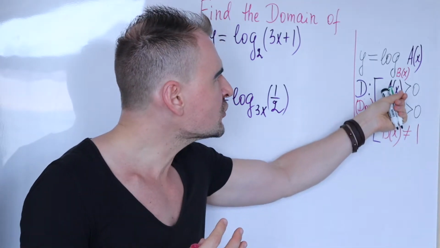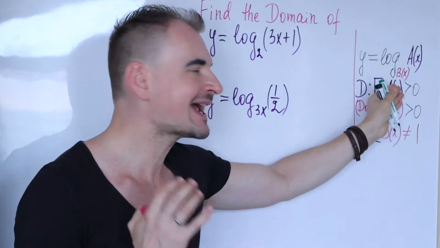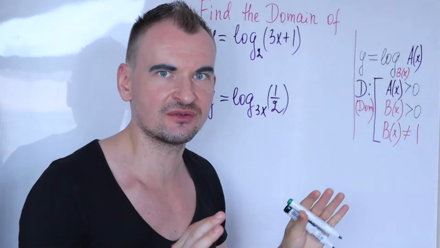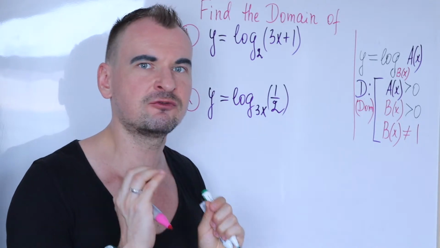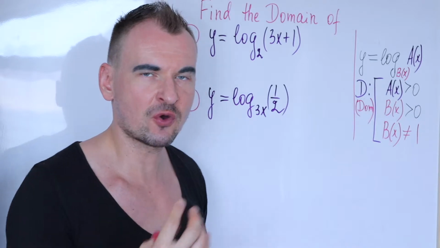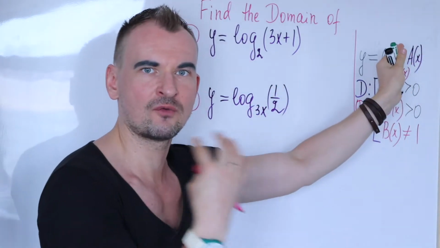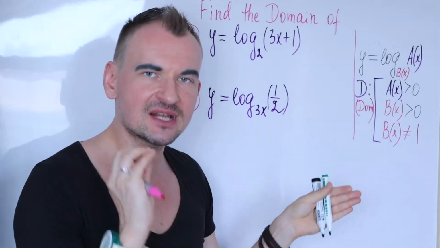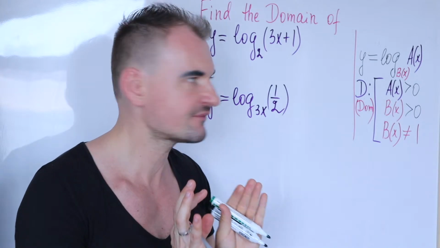First of all, your a of x, your argument, has to be greater than 0. Your logarithmic function is not defined for negative values. So your entire argument, the inside of your log, has to be greater than 0. That's the first restriction.